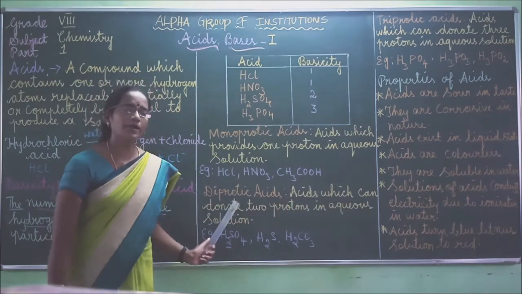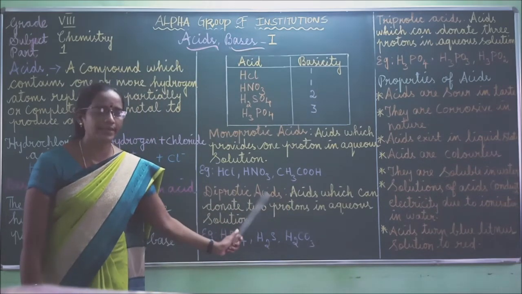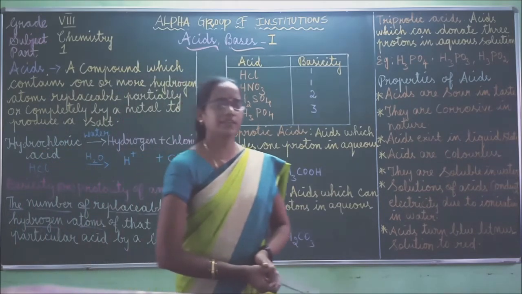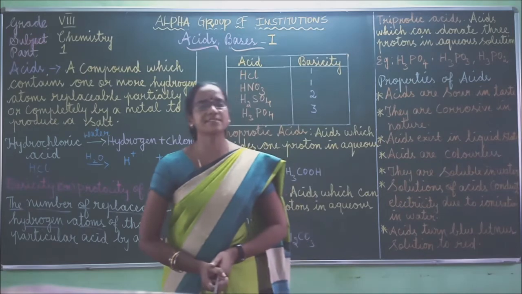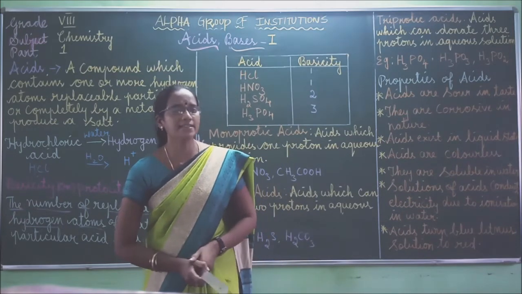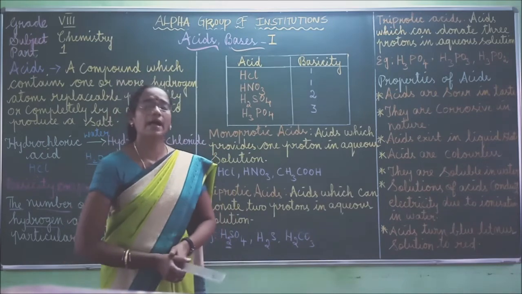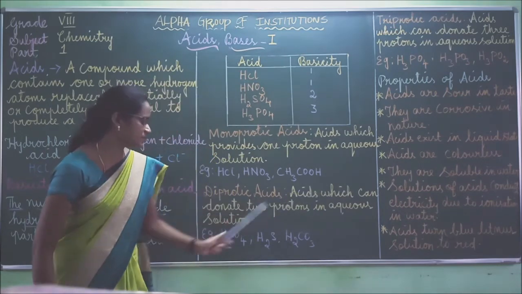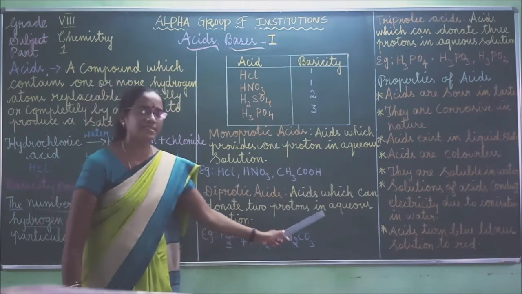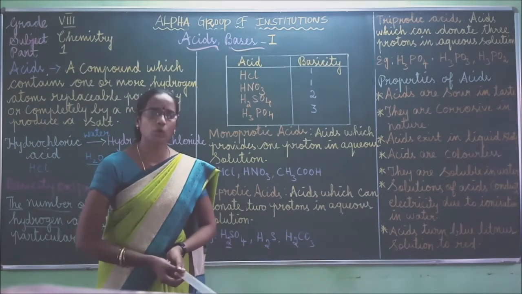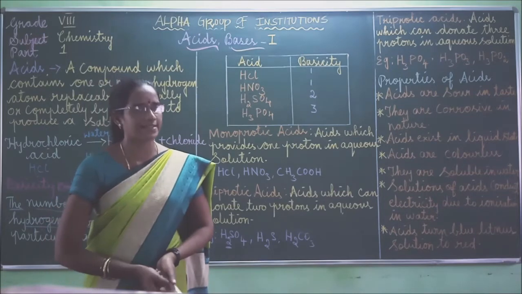Okay, so next one is the diprotic acids. Di means generally 2, isn't it? Here, diprotic acids are defined as acids which donate 2 protons in aqueous solution. Then we can call it a diprotic or dibasic acid.